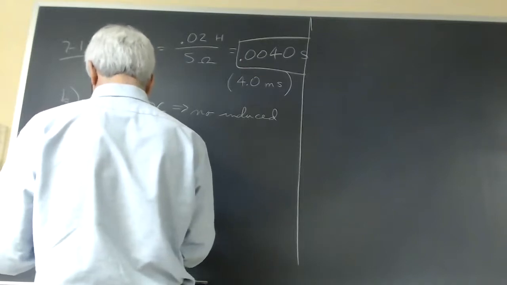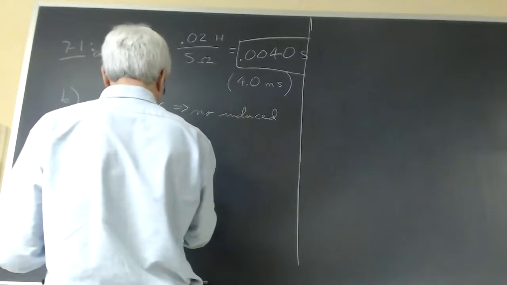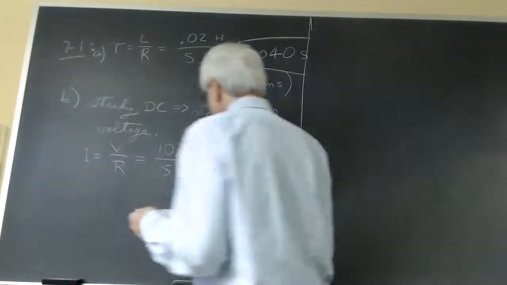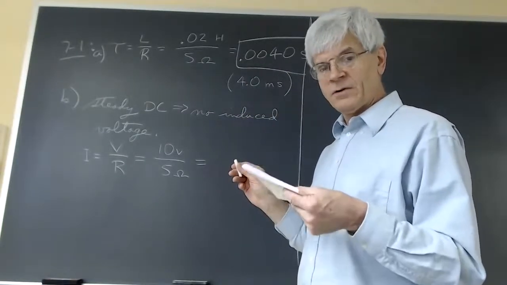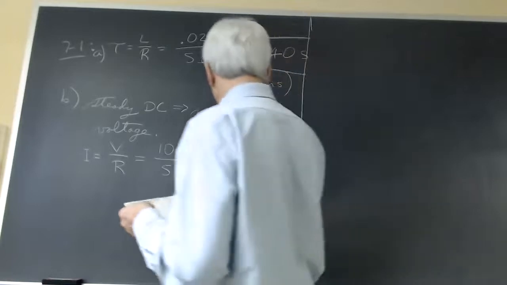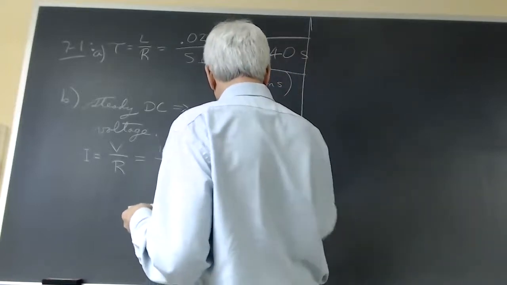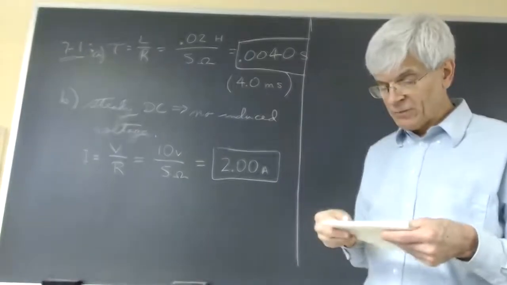We've got 10 volts. Gee, you would almost think somebody might have set this question up for the numbers to work out even. It comes out 2.00 amps. Amperes, if you're feeling formal.